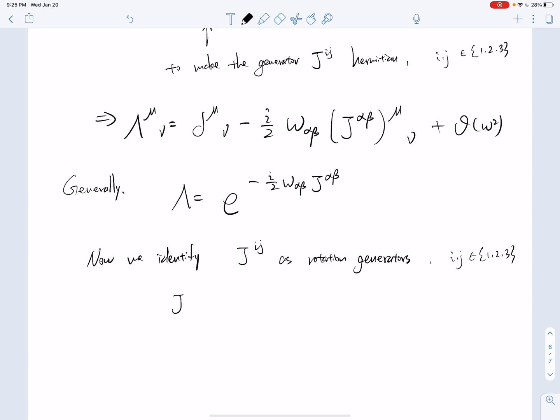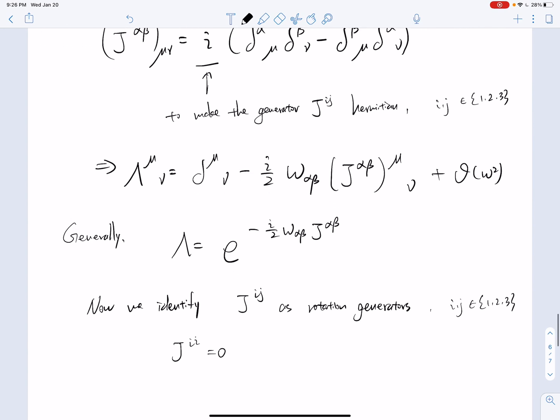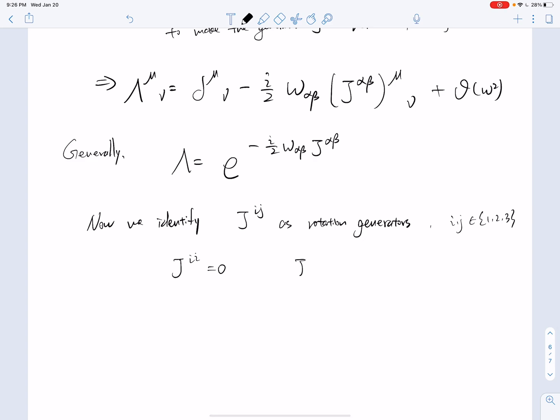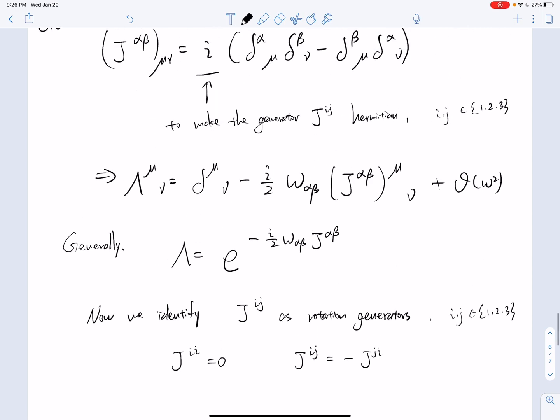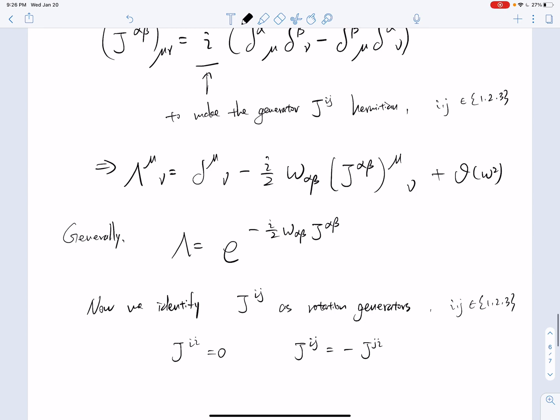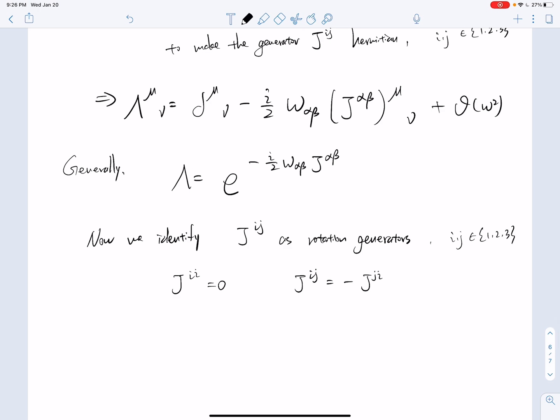This is because if they're the same, it becomes 0, since if you look at the definition, these two terms are literally the same. And this generator is anti-symmetric. So we're only really left with three of them, which are J12, J13, and J23. So there's a total of three rotational generators.